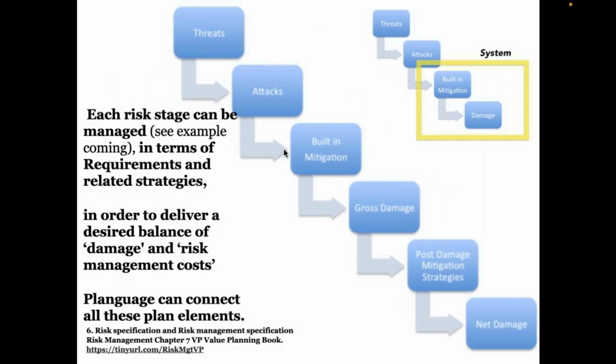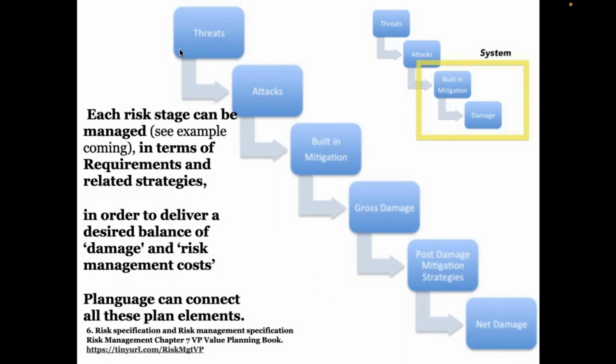Here's another view of the world I'm interested in. Here's our system, which has some built-in mitigation against security threats, but some attacks get through and do damage. And then you have to have post-damage mitigation strategies, like your insurance kicks in or something like that. And if it only pays for $1 million of a $10 million damage, you have a net damage of $9 million or something like that.